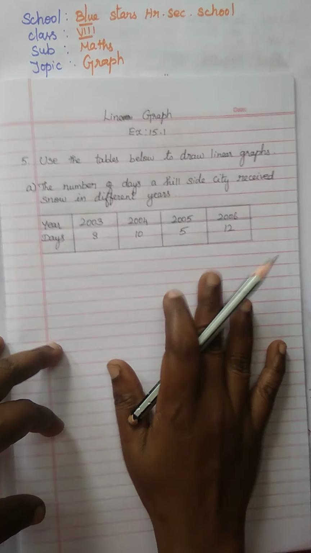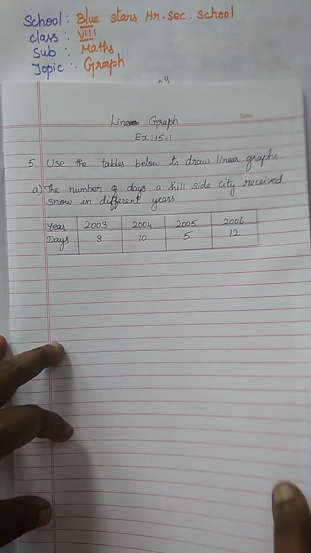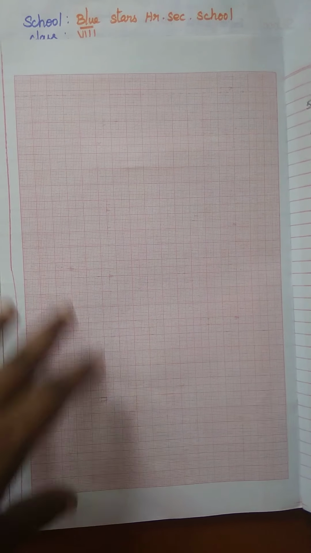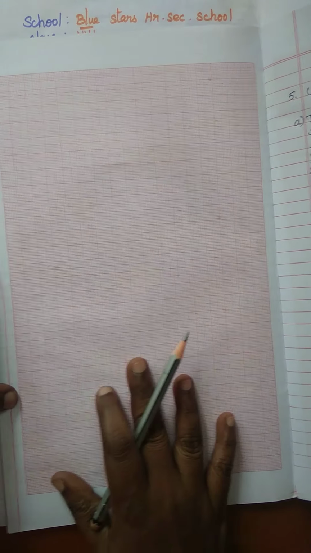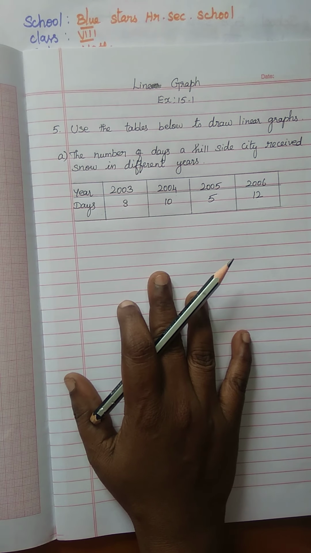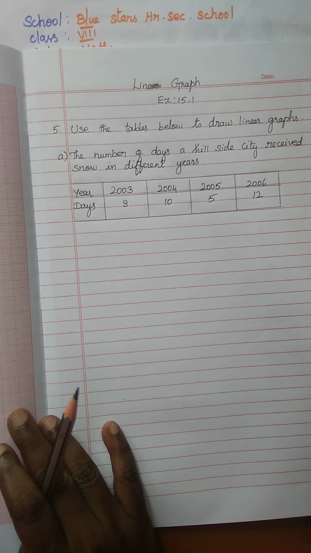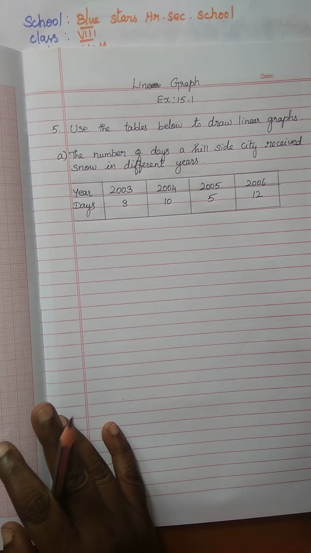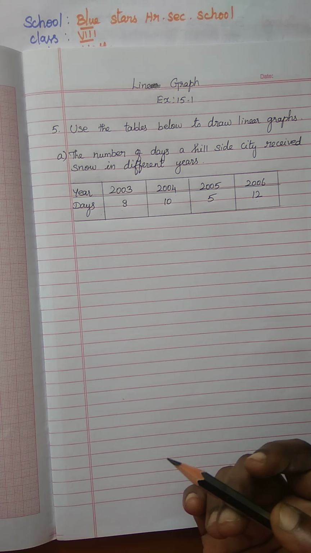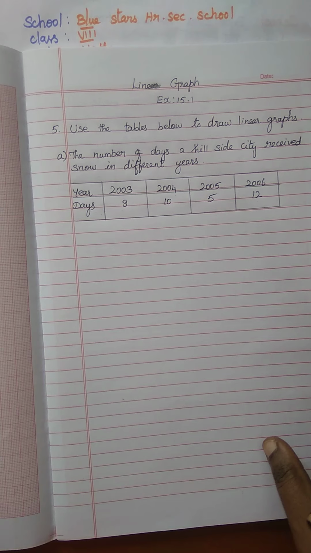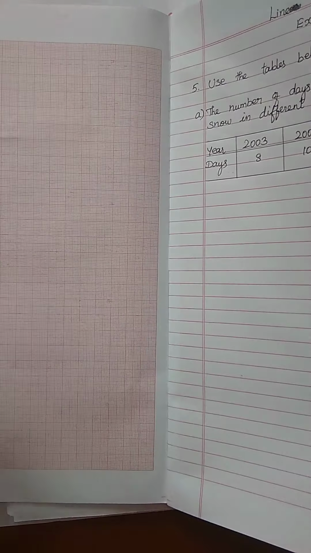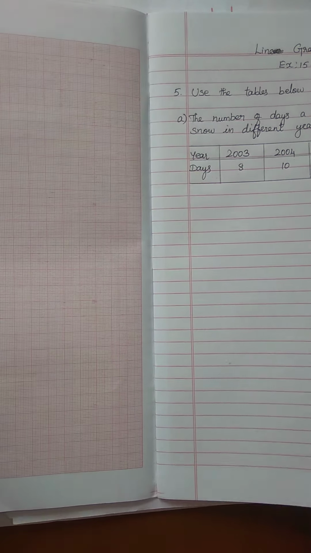Write the question on the right side. Now you take this side. In this page only we are going to draw the graph. First you write this question, then take your scale and pencil, sharpen your pencil. Take the left hand side of your notebook.